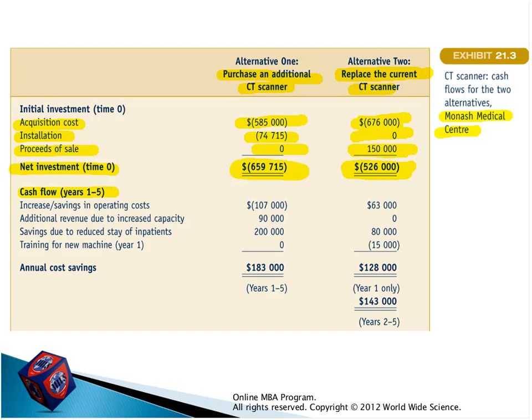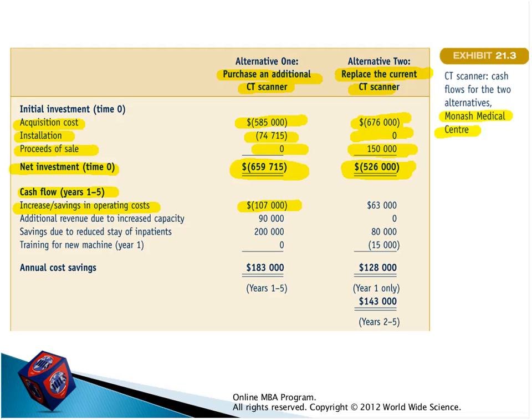First comes the increase of savings in operating costs. In the first project it comes with a negative figure, 107,000, in operating costs. As we are going to purchase an additional CT scanner, it takes some costs because, for example, we need additional staff for this CT scanner.